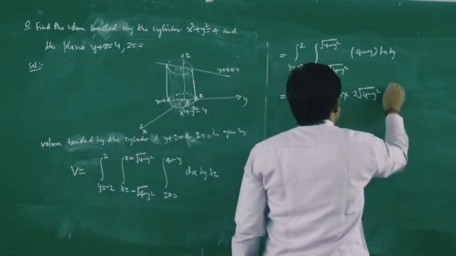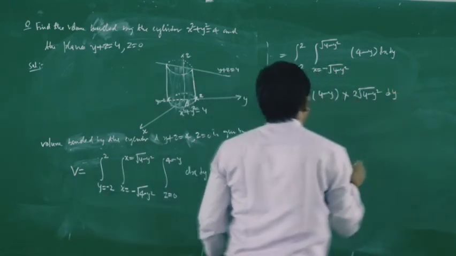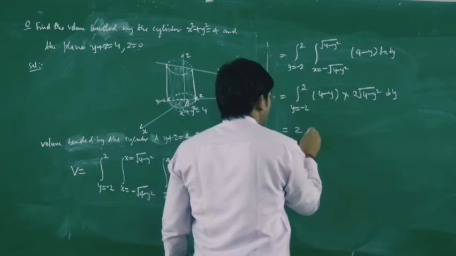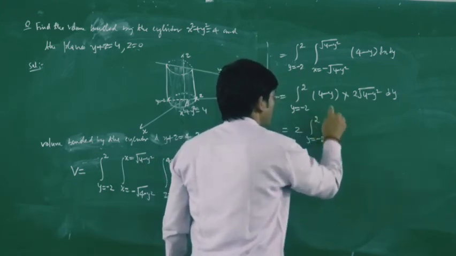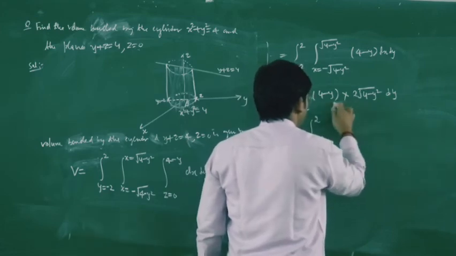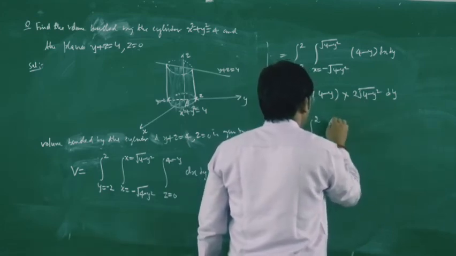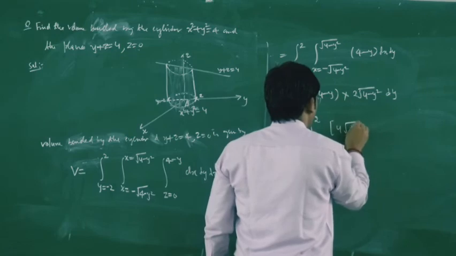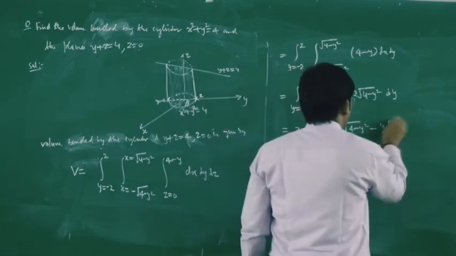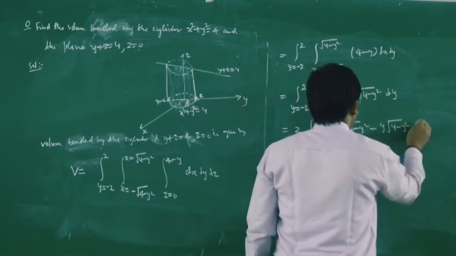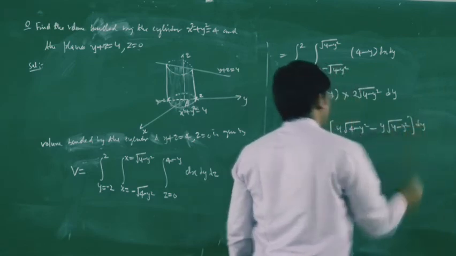So this will be 2 times the integration with respect to y. Now we can write it as 2 times the integral from y equal to minus 2 to plus 2 of 4 times the square root of 4 minus y square, then minus y times the square root of 4 minus y square, dy.